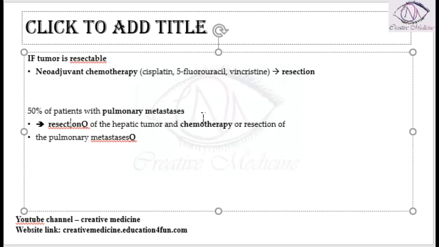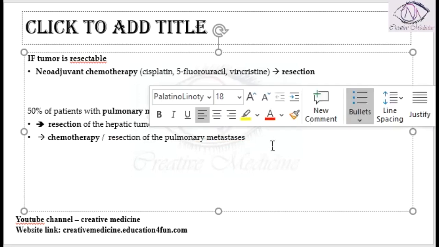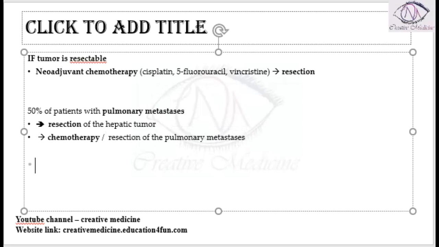In these patients you should do the resection of the hepatic tumor, followed by chemotherapy, or we can also do the resection of pulmonary metastasis. So first and foremost, you should resect the hepatic tumor, followed by chemotherapy and resection of pulmonary metastasis.